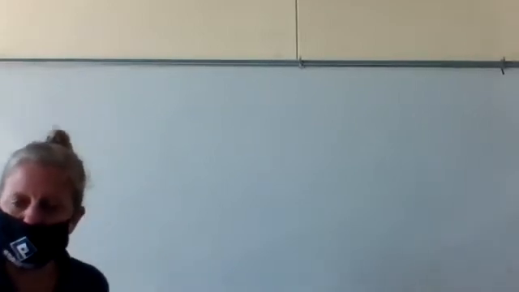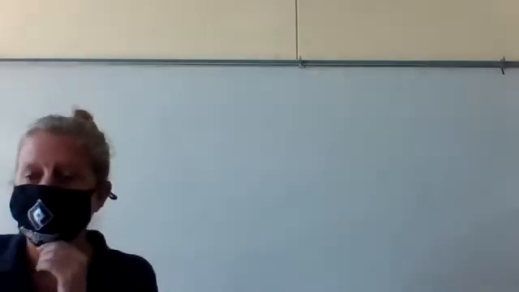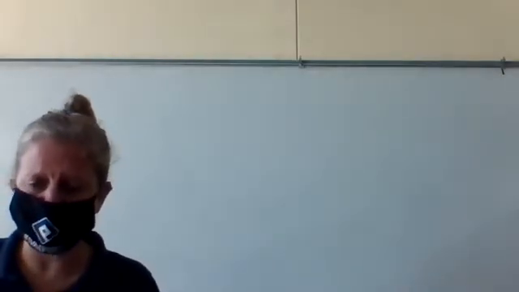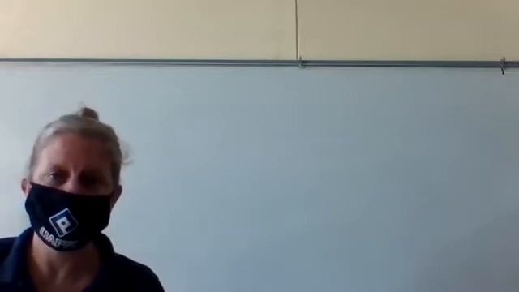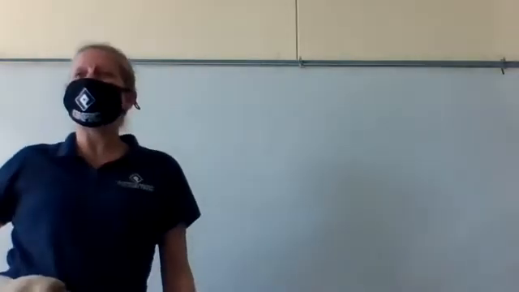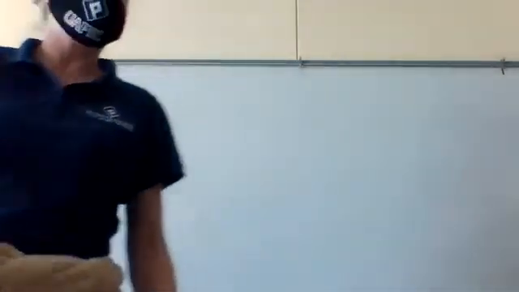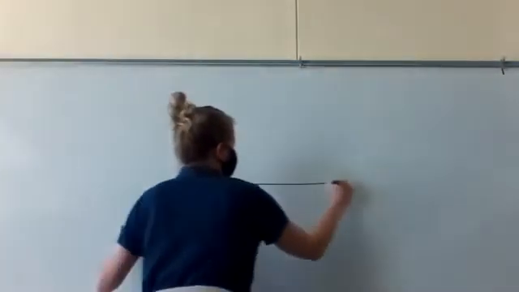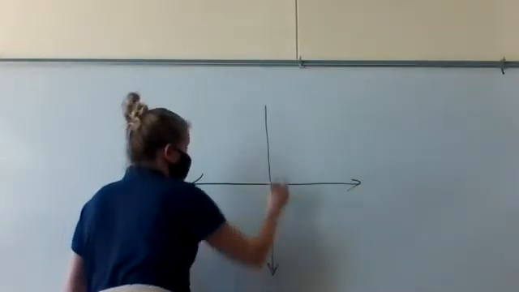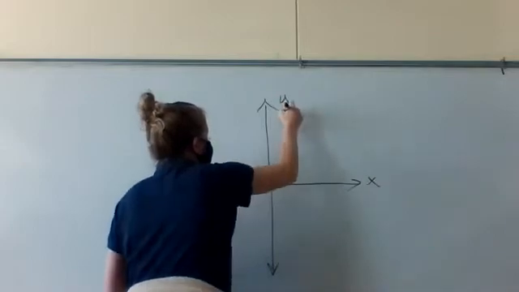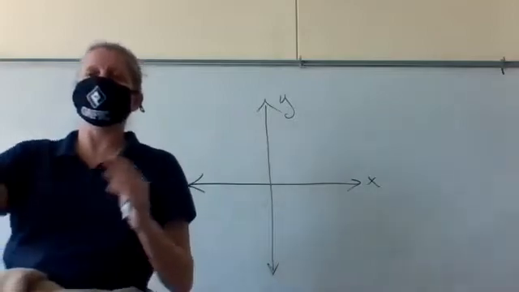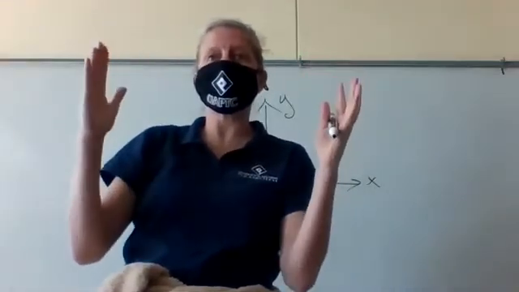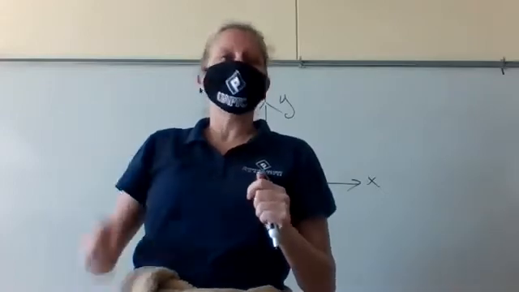Okay, but review for test 2, number 1. This one goes back to when we were talking about whether functions were even or odd or neither. You were even if you were symmetrical with the y-axis, which means, here's my y-axis, if you fold your sheet of paper on the y-axis and one side exactly mirrors the other side, then you are an even function, right?